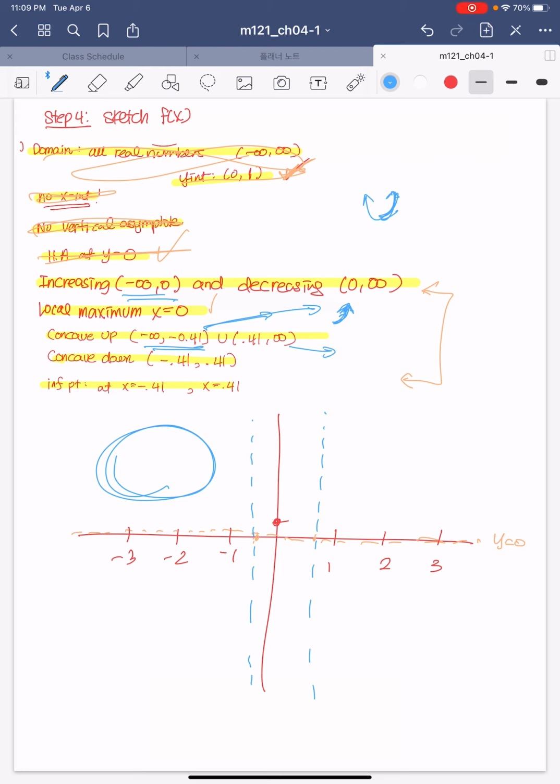This tiny bit is concave up with the increasing. This part over here is concave still up but decreasing.